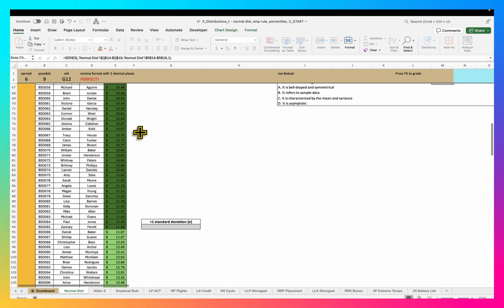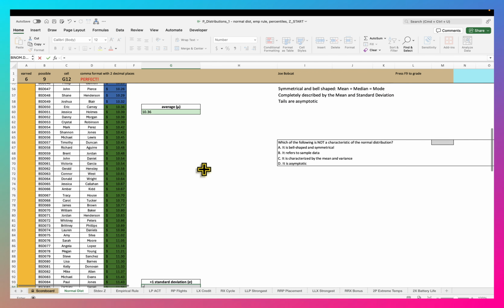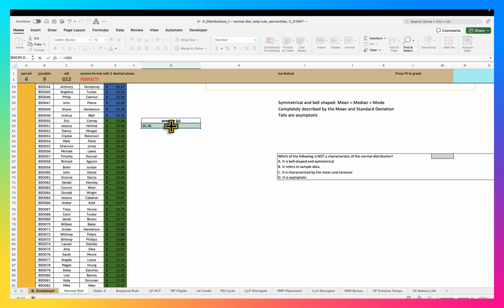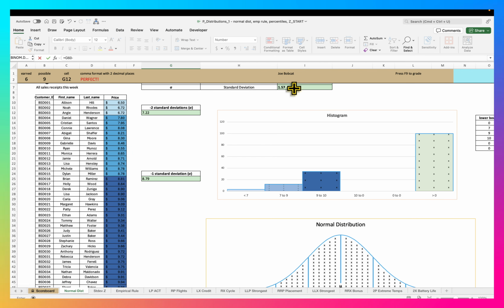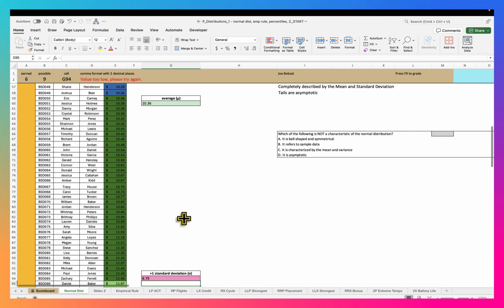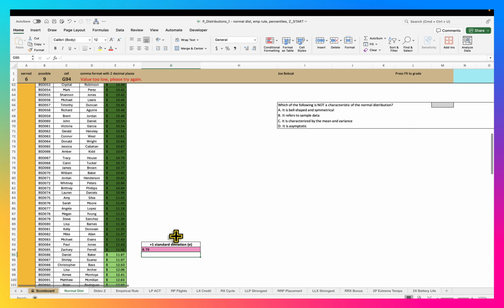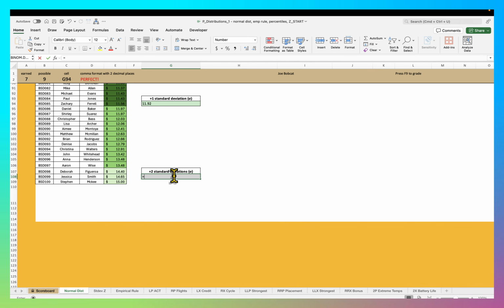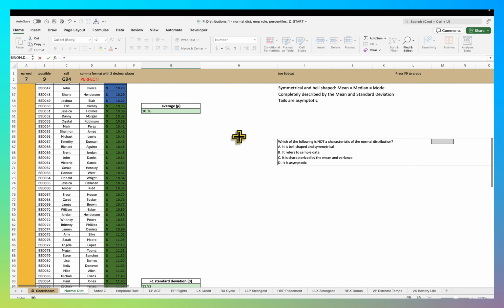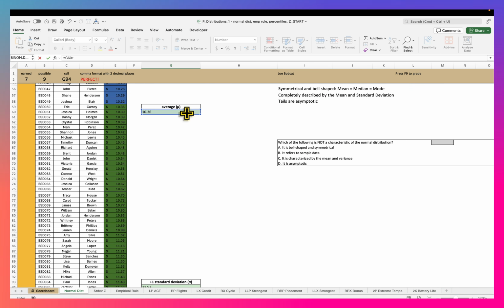Let's go to the other side of the distribution. So that's equal to the mean minus one standard deviation. Oh, sorry, that should have been plus, my bad. And then over here is equal to the mean plus 2 standard deviations.